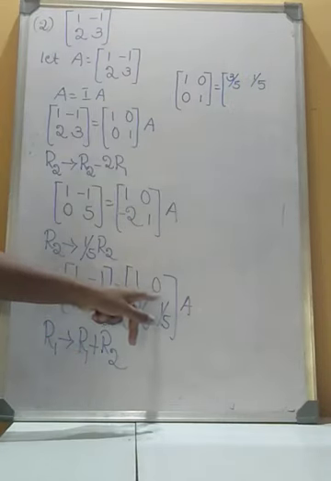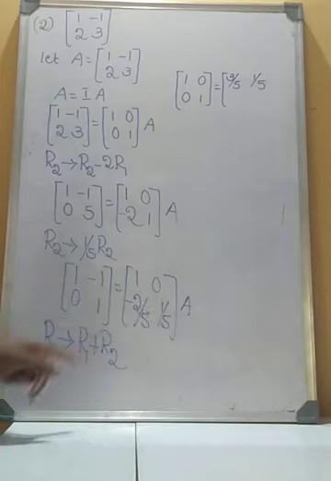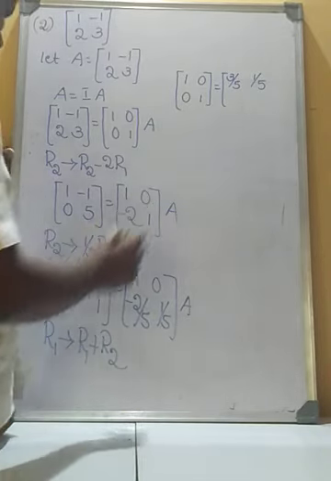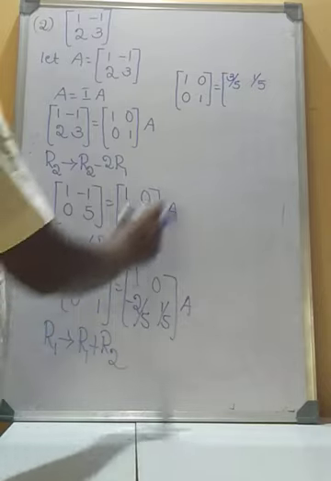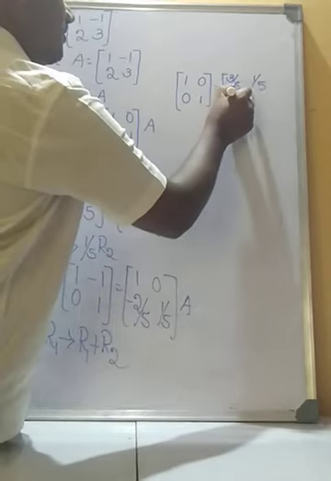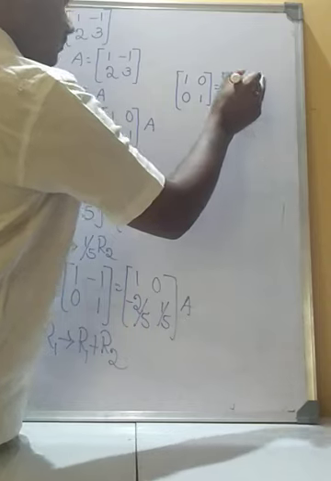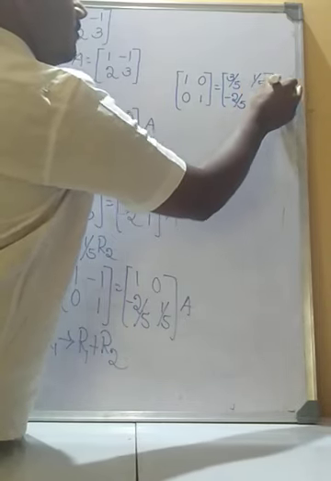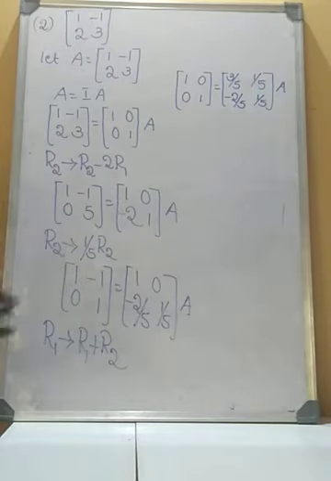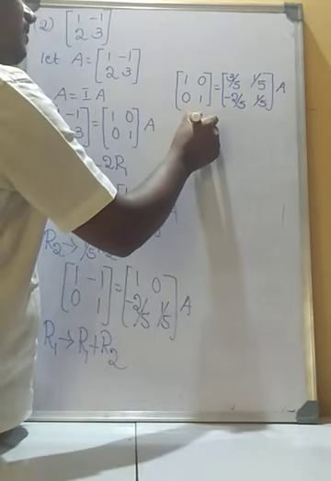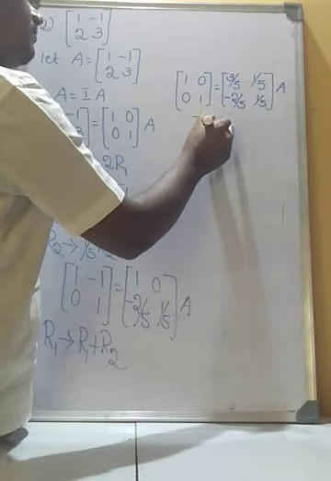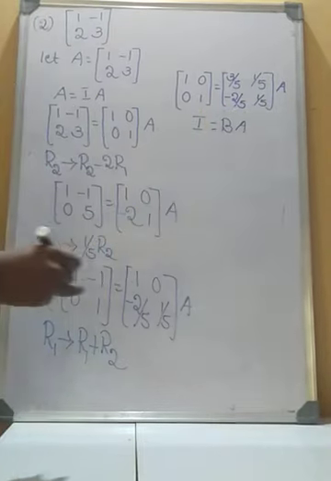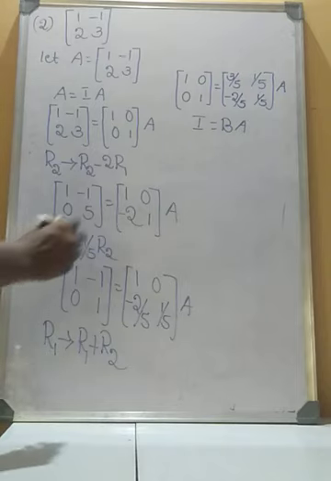R1 is 0, R2 is 1 by 5, it is 1 by 5. The next, second row elements minus 2 by 5, 1 by 5 right as it is, into A. So now what is the form of this? I is equal to BA.